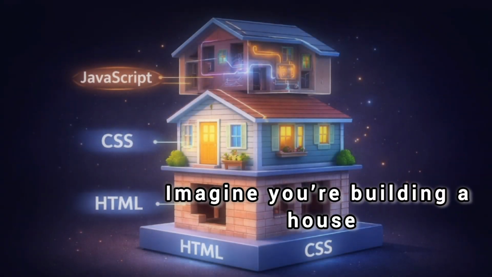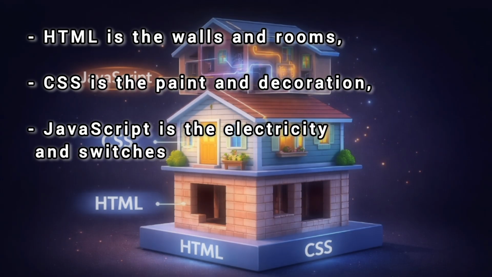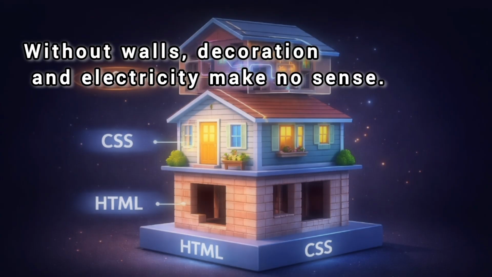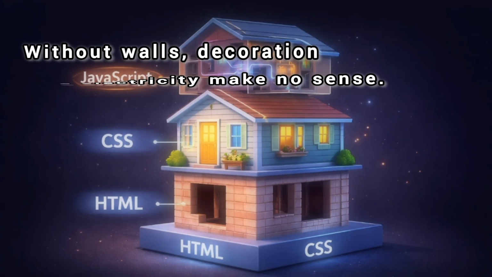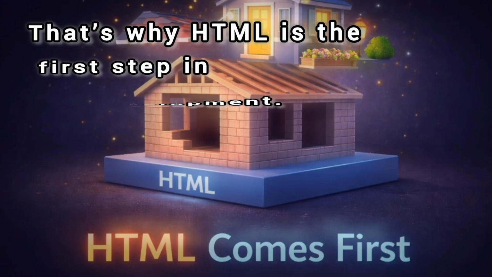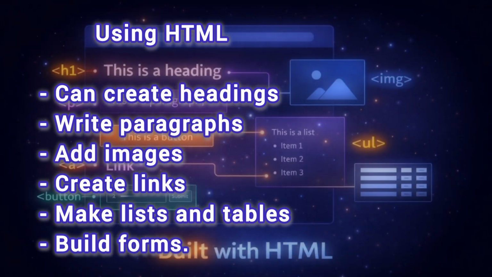Let me explain this with a simple example. Imagine you are building a house. HTML is the walls and rooms, CSS is the paint and decoration, and JavaScript is the electricity and switches. Without walls, decoration and electricity make no sense. That's why HTML is the first step in web development. Using HTML, you can create headings, write paragraphs, add images, create links, make lists and tables, and even build forms.